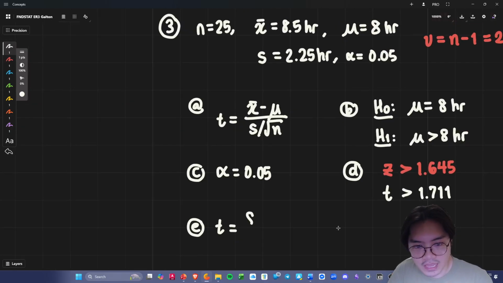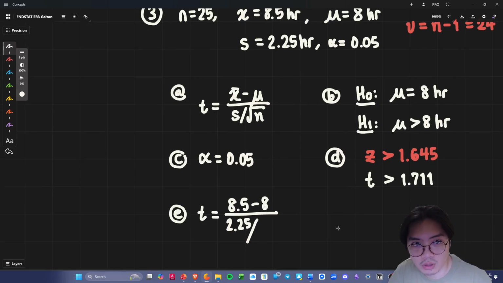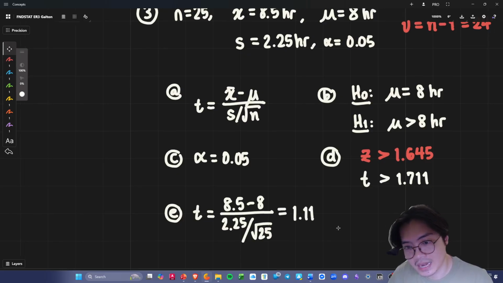We'll have the sample mean minus the hypothesized mean, over 2.25 divided by the square root of 25, which gives a value of 1.1. So, in this case, this is not enough.